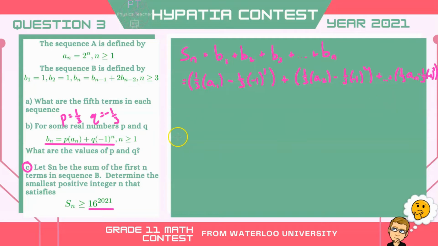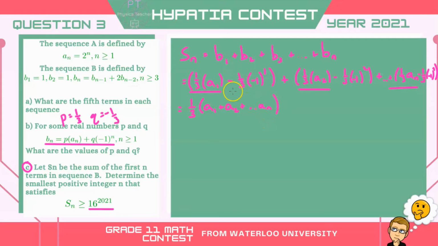All right. So let's simplify this a little bit, because what we can see is here we have 1/3 A1 plus 1/3 A2 plus 1/3 A3, 1/3 A4, all the way up to plus 1/3 An. So let me factor out that 1/3, where we then have A1 plus A2 all the way up to An.